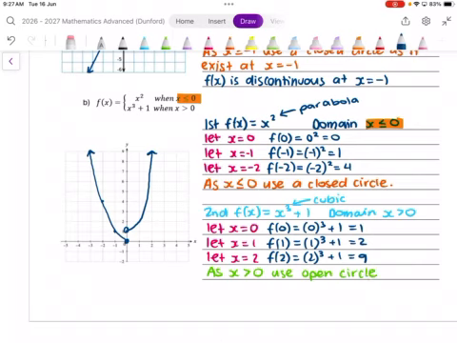We also have that f of x is discontinuous at x equals 0. And we can just write that this is y equals f of x on our function.